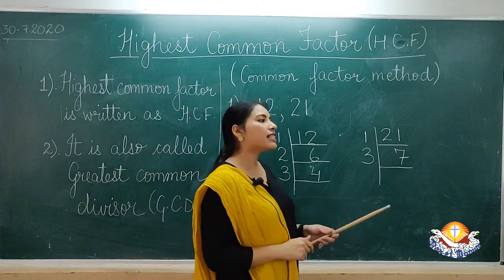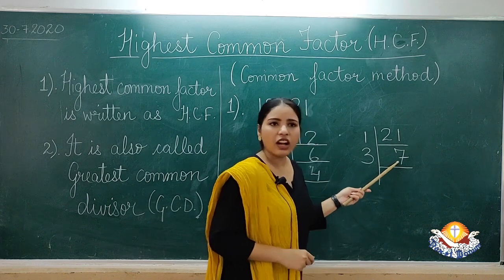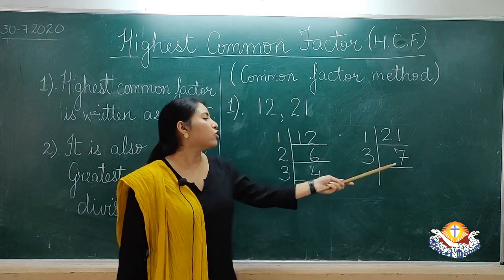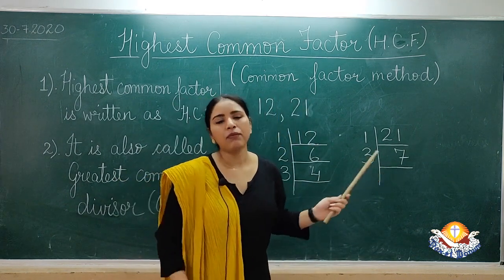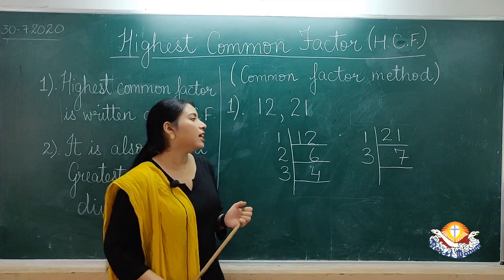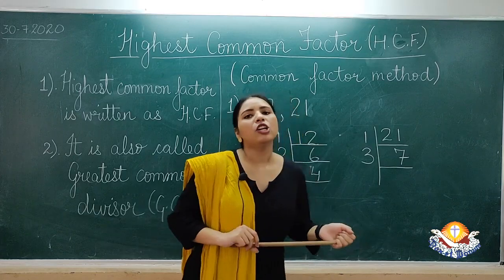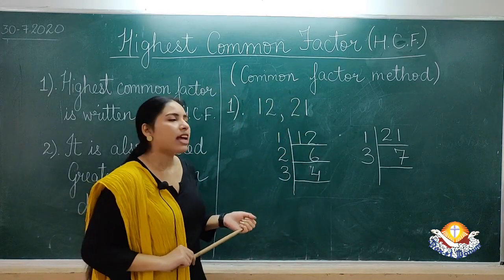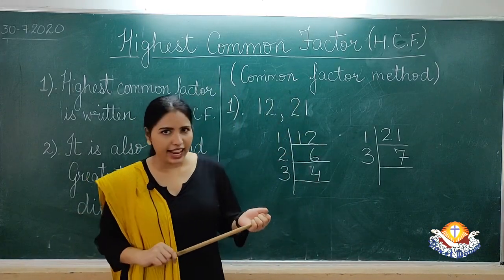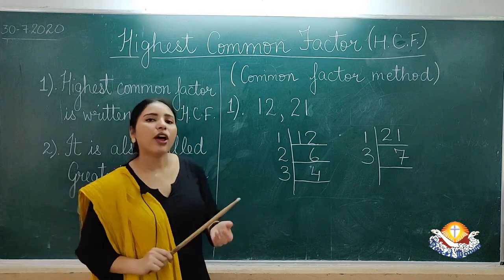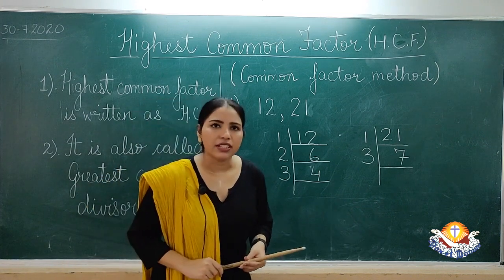But as 7 is already written here on the right hand side, we do not repeat it. Now again, the numbers which come after 7 till the number 20 do not have the number 21 in their tables. So we do not write any other numbers.